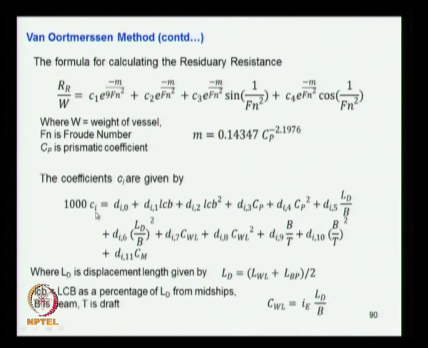So for C1, use this expression with i equal to 1, that is D10, D11, D12 like that. For C2, 1000 C2 is equal to D20, D21, D22 like that. You get all the C values, and you can go to this expression, put the values and get the residuary resistance.